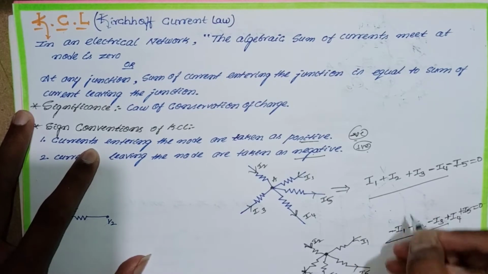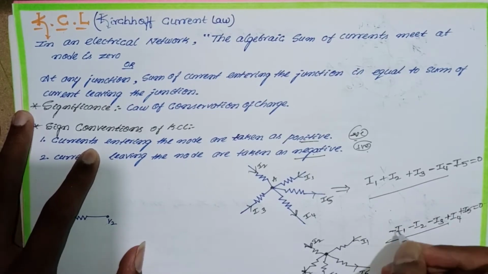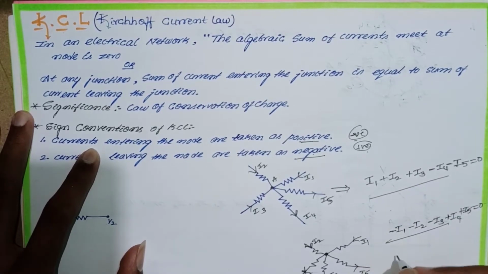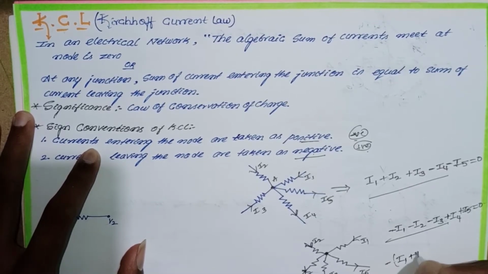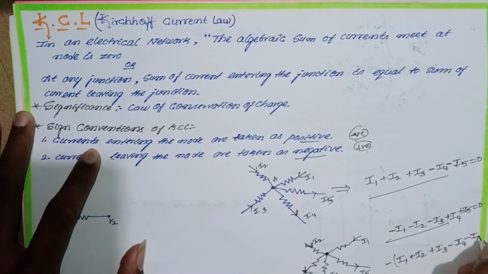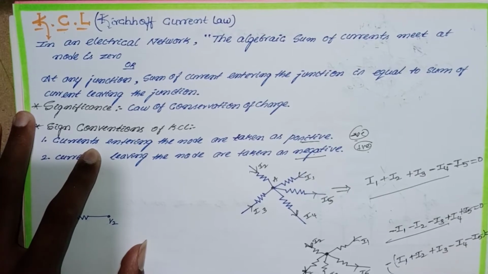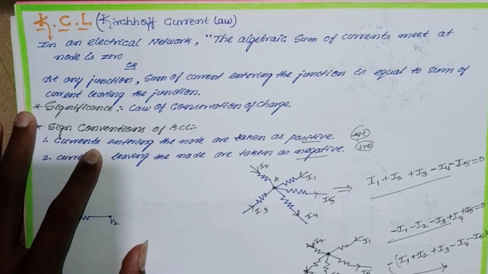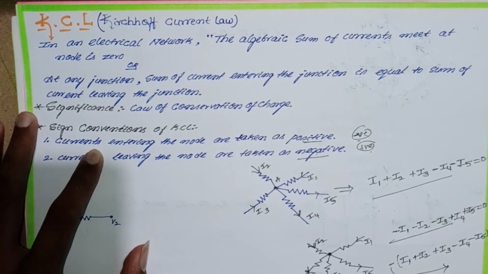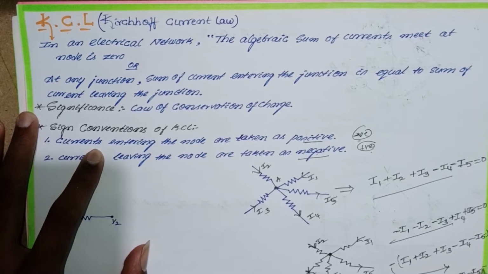Compare both equations. I take the negative sign common: I1 plus I2 plus I3 minus I4 minus I5 is equal to 0. I pass the negative sign to the right-hand side: I1 plus I2 plus I3 minus I4 minus I5 is equal to 0.